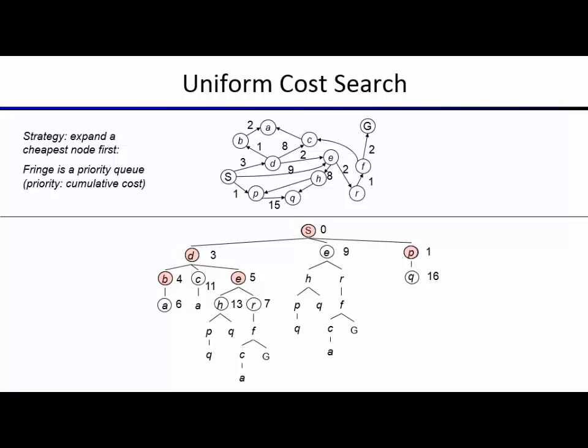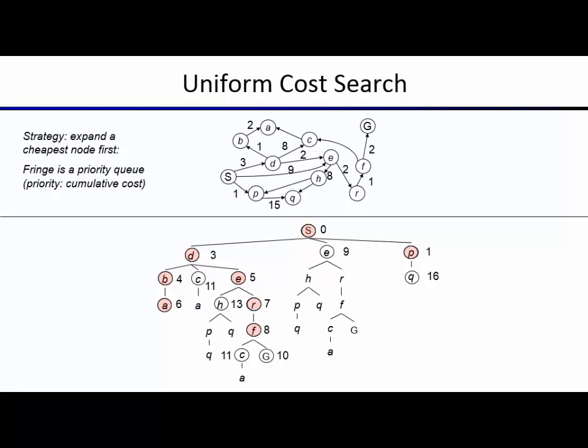You keep repeating this. Work your way through that search tree that actually never exists, but you're kind of conceptually working your way through. Now, here it gets interesting. We have a fringe with a few nodes at this point. F is cheapest. Now, what's happening here? We have several nodes on the fringe, including one that reaches the goal.